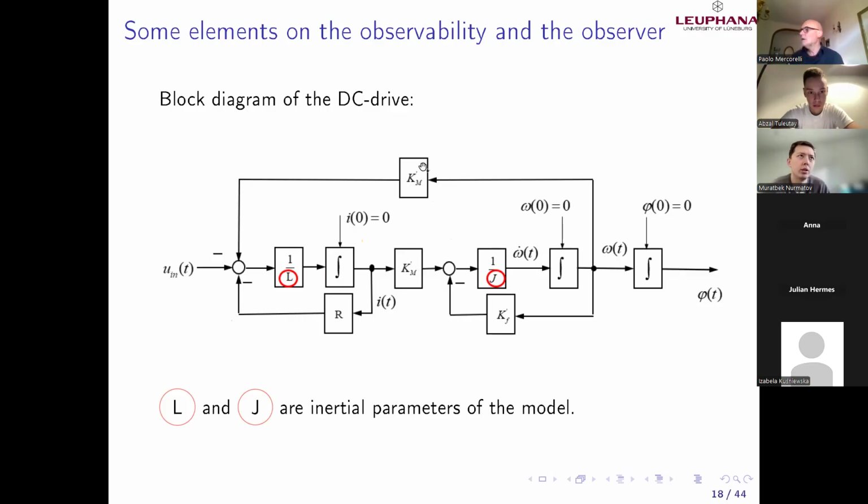The apostrophe is just in the literature, if you read some books, sometimes, not always. The apostrophe means radians instead of rounds. It's just a formal thing.